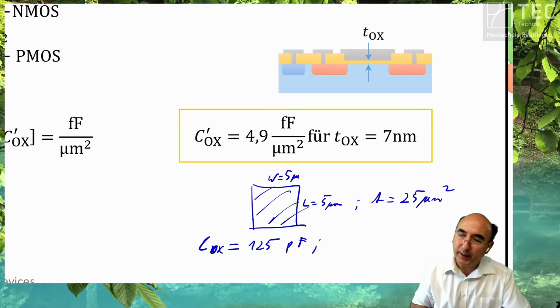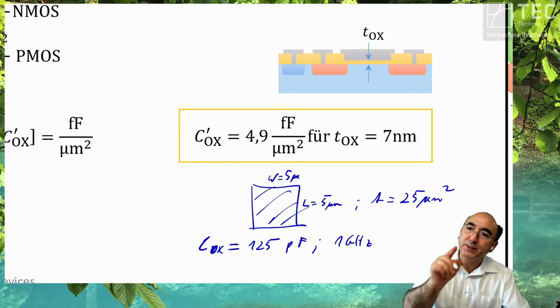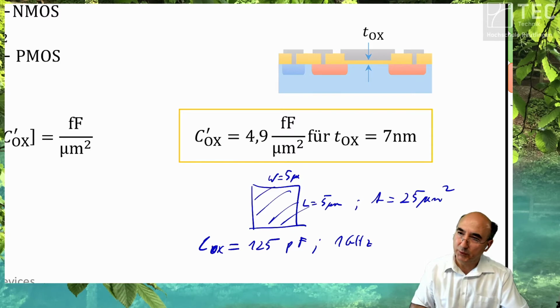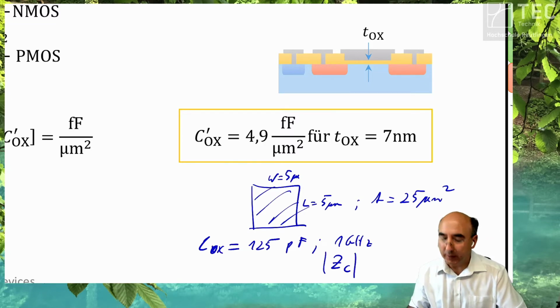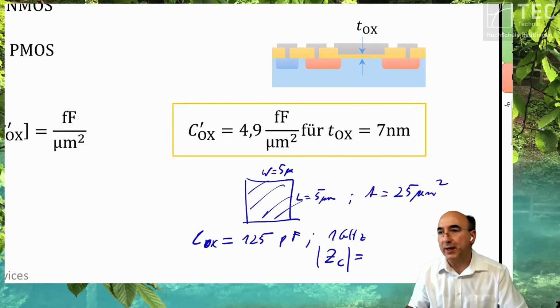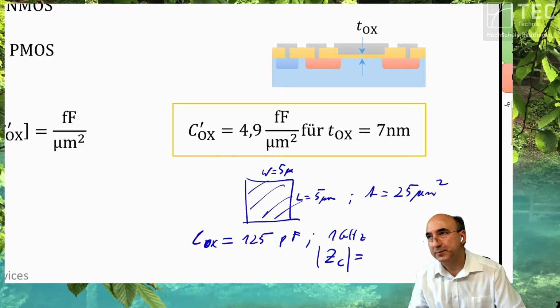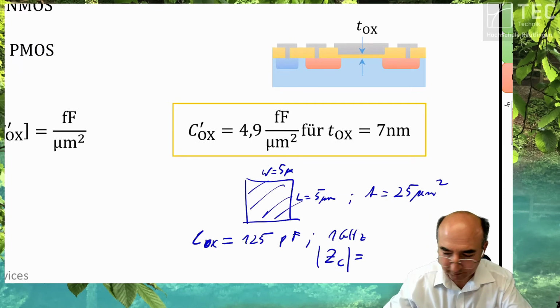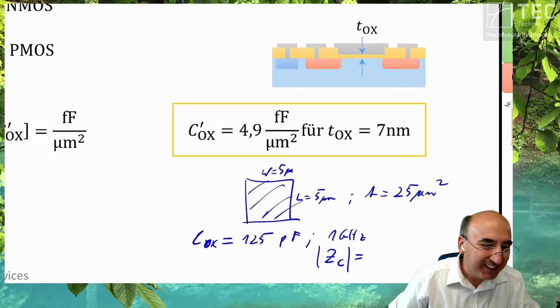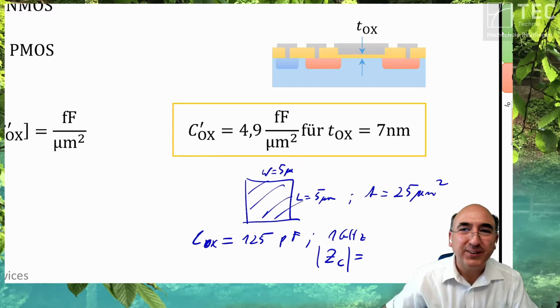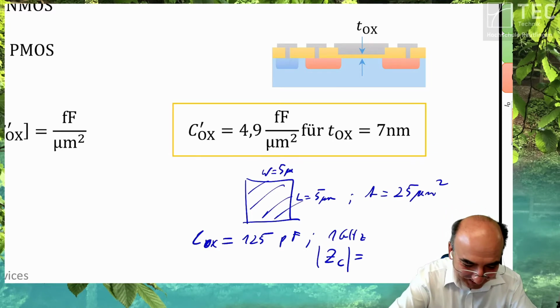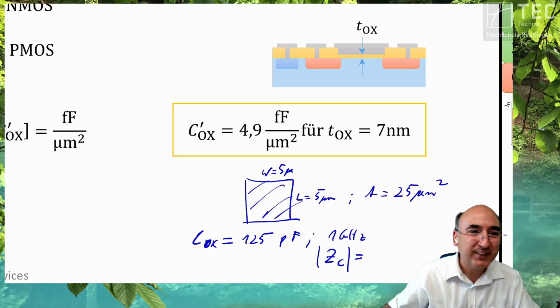Let's calculate at 1 gigahertz the impedance of this capacitor. So the impedance of the capacitor, the magnitude, the absolute value.